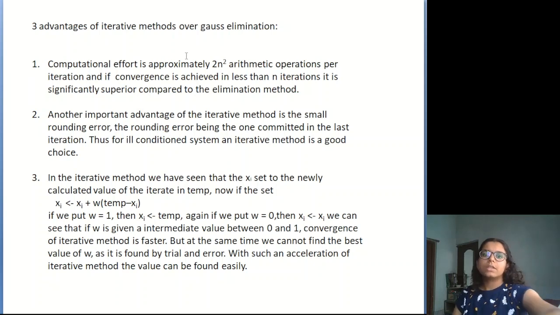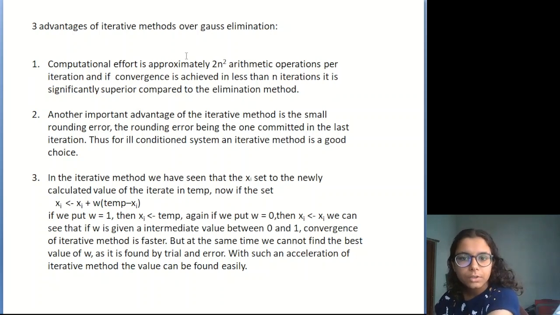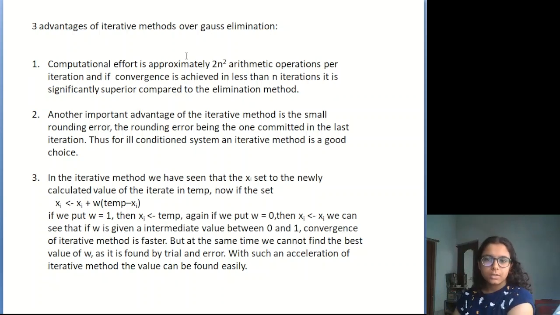It is approximately 2n^2 arithmetic operations per iteration, and if convergence is achieved in less than n iterations, it is significantly superior compared to the elimination method. So you can see the convergence is much better with the iterative method.